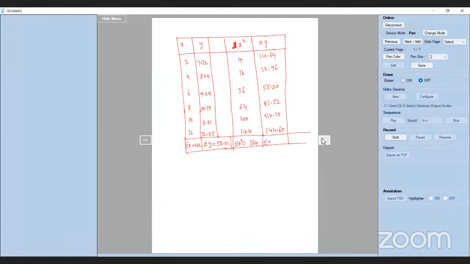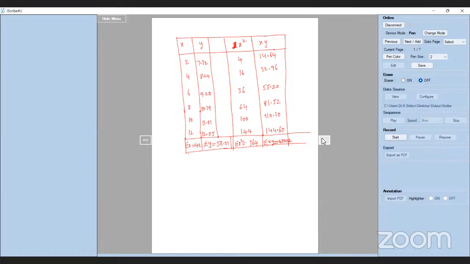That is summation xy. 439.02. Very good.